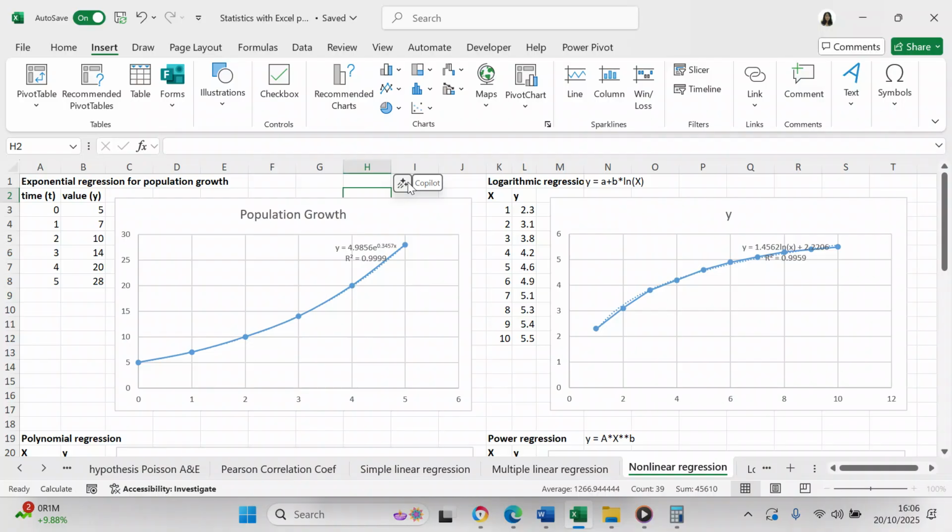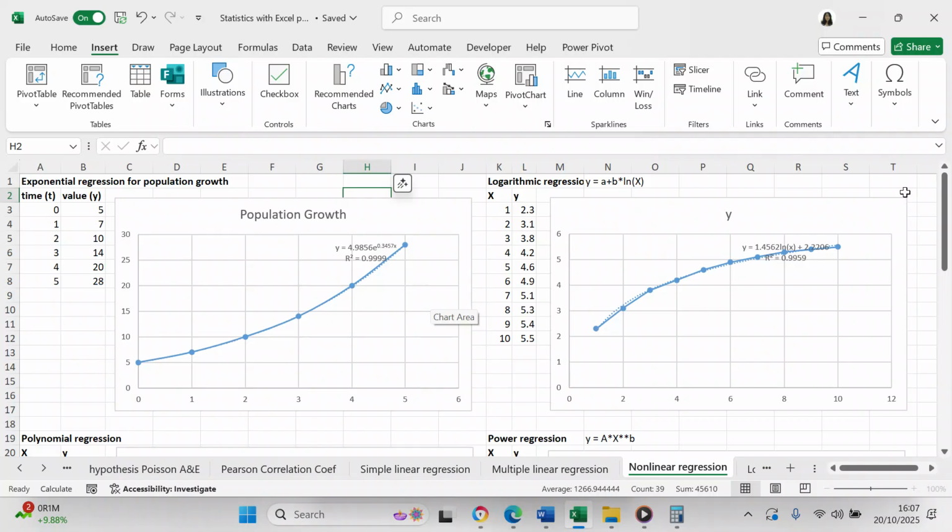This is an exponential regression, and I've already shown you how to get the exponential regression on your chart. Y equals 4.9856 e to the 0.3457x, and r squared equals 0.9999. This is an example of your exponential regression.